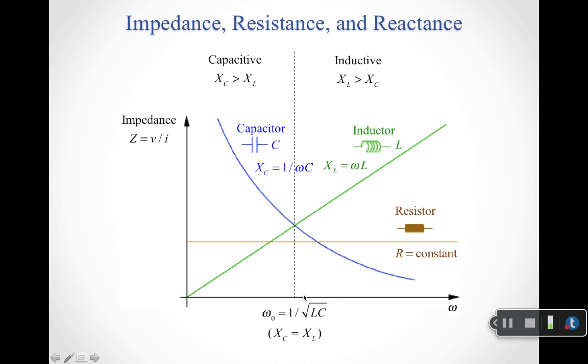So this is the natural frequency of an LC circuit. It's also the point at which you set your two reactances equal to each other. This obviously has a very special value in terms of AC circuits that we'll talk about in class. So at low frequencies, the impedance is dominated by the capacitor. At high frequencies, the impedance is dominated by the inductor.